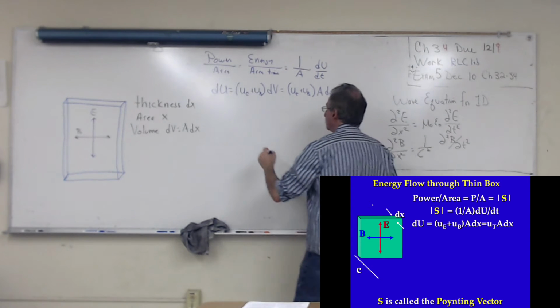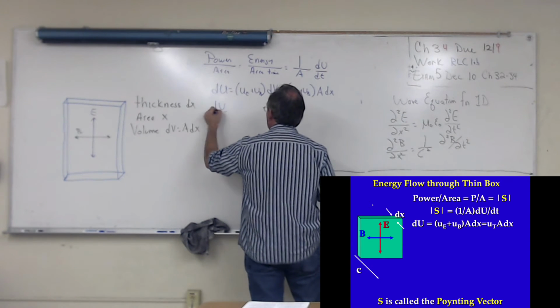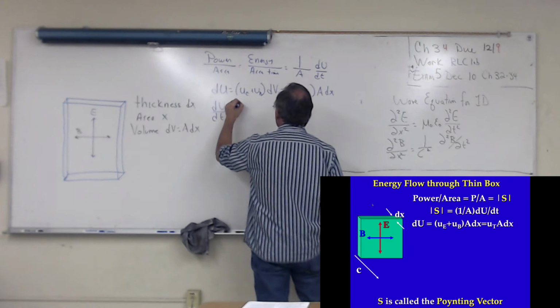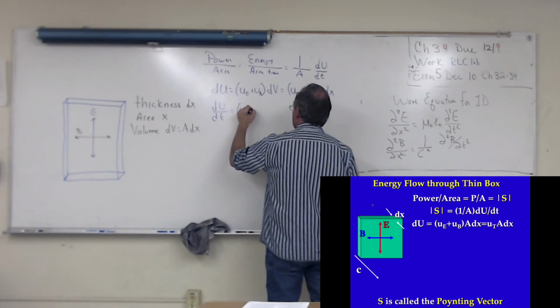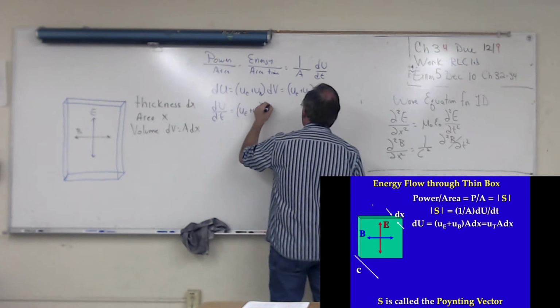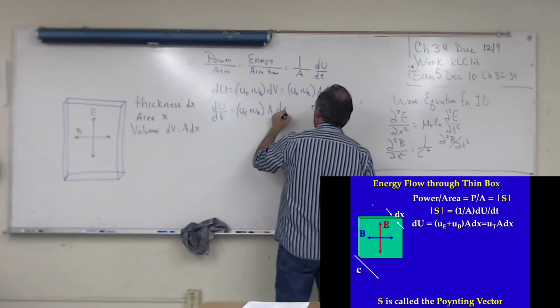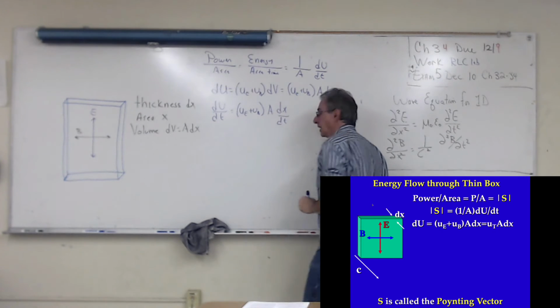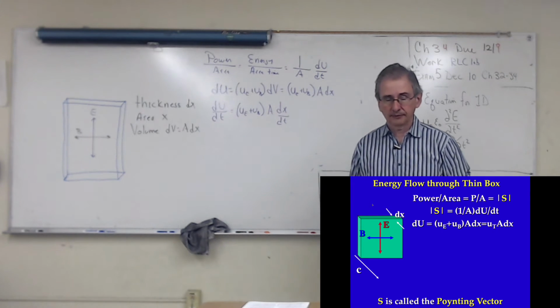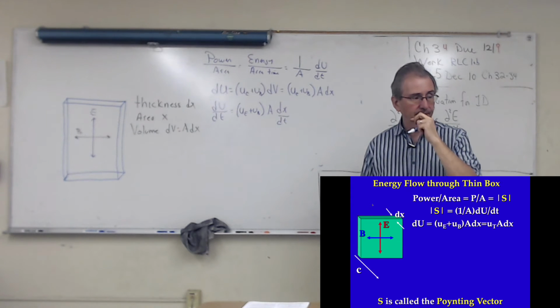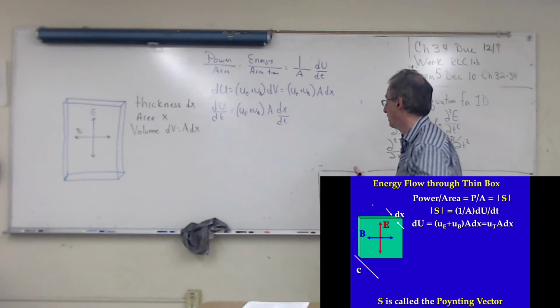And so dU dt is going to be my total energy density times A times dx dt. What's dx dt? Isn't that just c? It's just c, that's right.